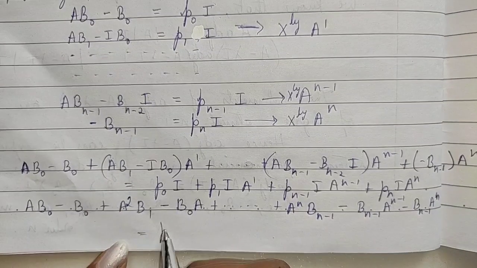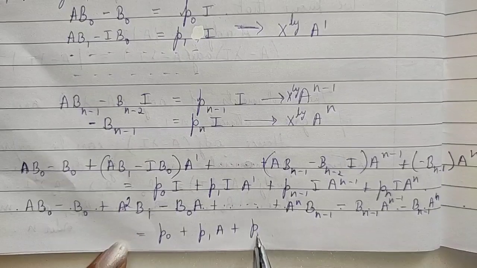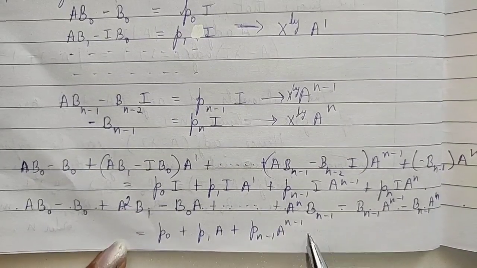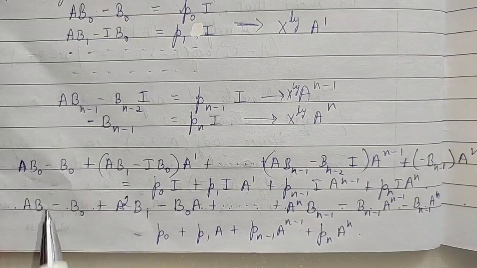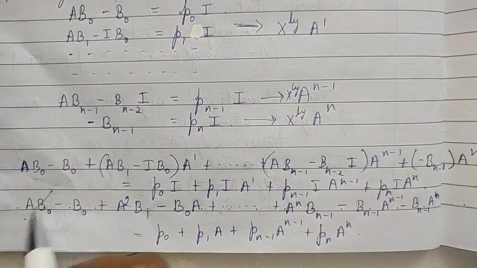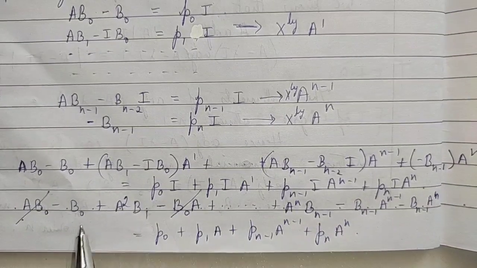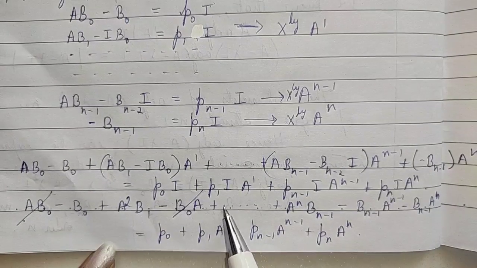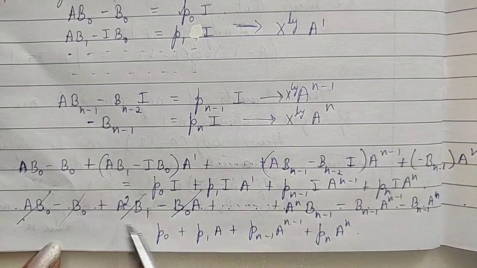P naught into I is P naught plus P1 A plus P n minus 1 into A power n minus 1 plus P n A power n. Now check this out, A B naught plus A B naught, again minus A B naught, again this term gets cancelled with the terms which are there in these etc's. Okay, so these two also get cancelled.